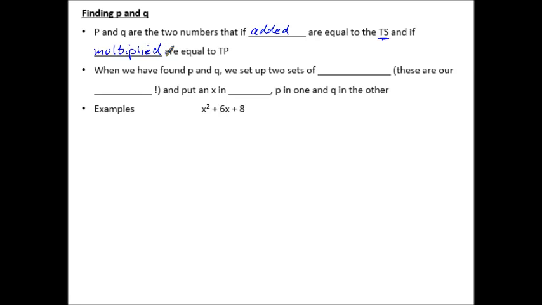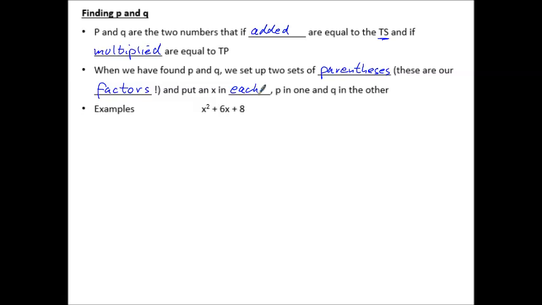When we have found those two numbers, what we do is we set up two sets of parentheses, and what's in those parentheses is our actual factors. Those are our factors, the numbers inside of those parentheses, and we're going to put an x into each of those parentheses, and then we're going to put p into one of them and q into the other one.